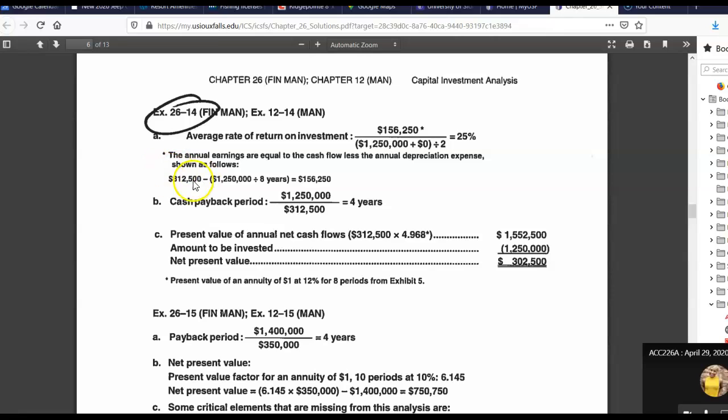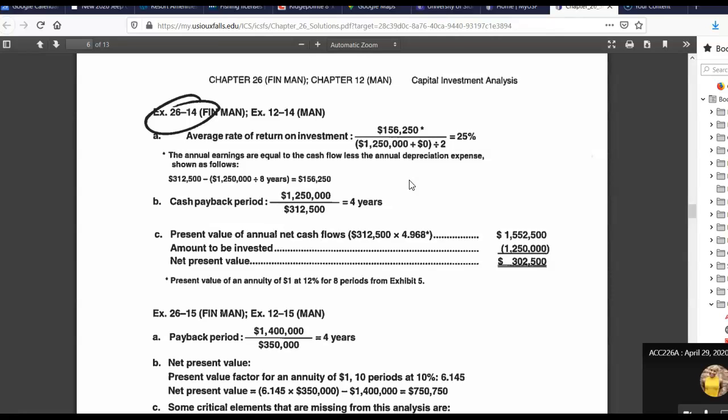So 312 is the cash flows, minus the depreciation out of there, 156,250. I wish those two numbers were not exactly the same. It's unfortunate. This 1,250,000 divided by 8 is ironically 156,250. So when you take 312 minus 156,250, you get 156,250.